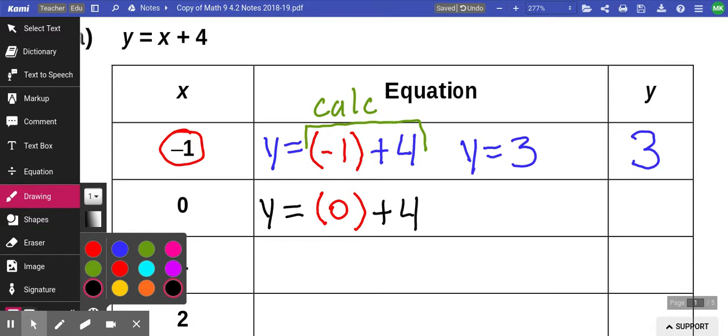So I changed my input value to be 0. Now I can actually calculate what my output would be, because I don't have an x value anymore, I have a number for x. So I can actually calculate this. When I do that, I get y equals 4. That means my output value is 4 when my input value is 0.